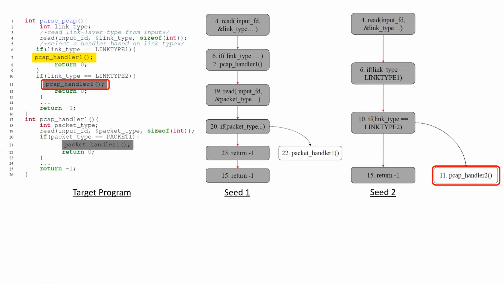Is that all? So that means we manually selected a few branches which are supposed to be more buggy, and we pay attention to those branches. No.